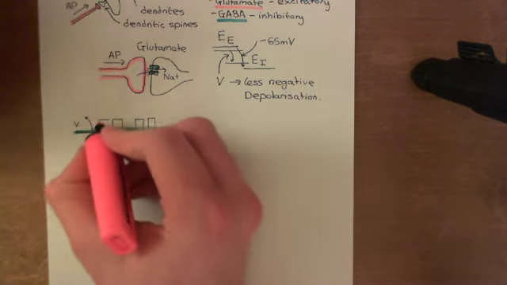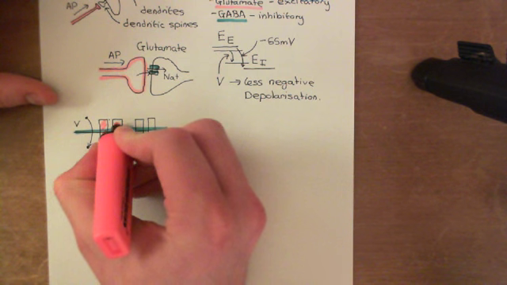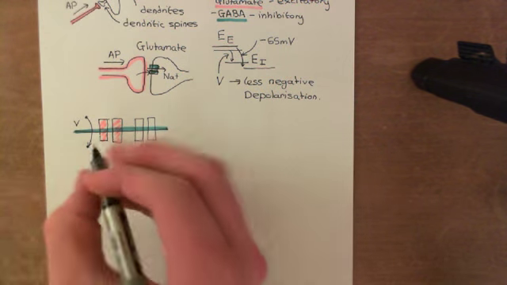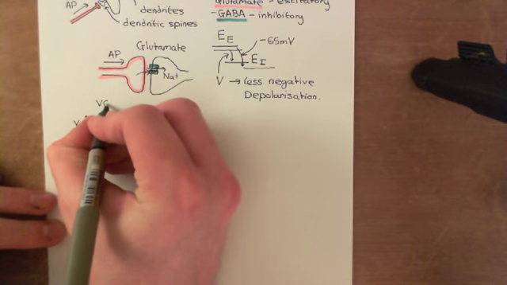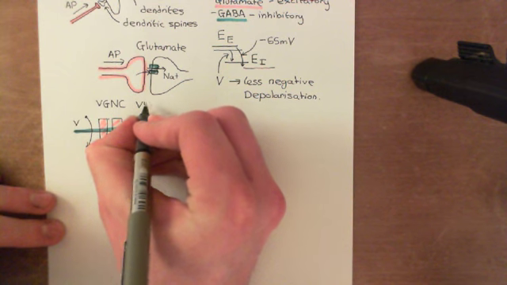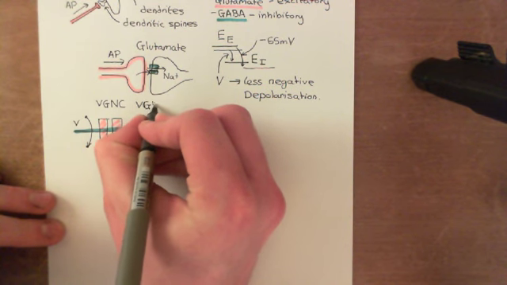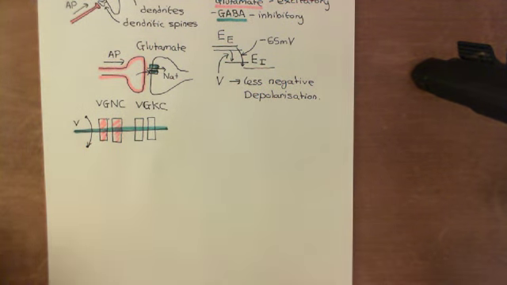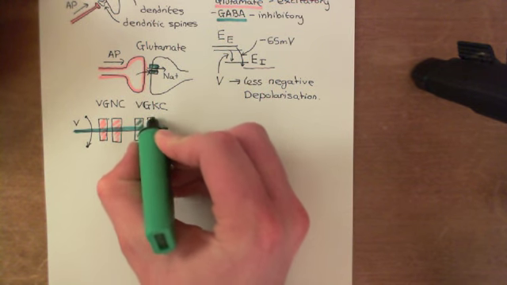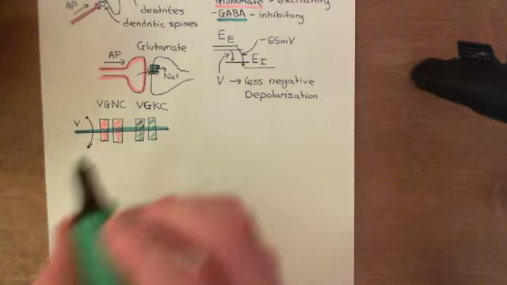So we'll colour in one in red, this little sort of structure with a pore going down the middle. This is going to represent our voltage-gated sodium channel, so this is our VGNC. And this other one is going to be our voltage-gated potassium channel, our VGKC here. Okay, and I'll colour that in green here.